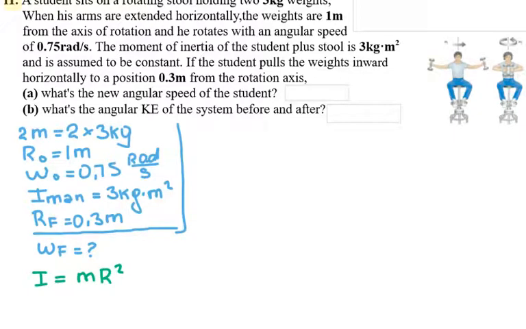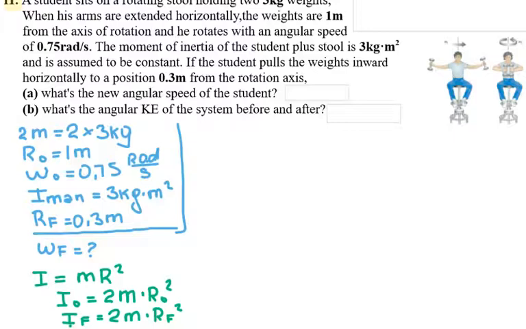So you will have initial inertia, which is 2m times r initial squared, and the final inertia of those masses, which is 2m times r final squared.